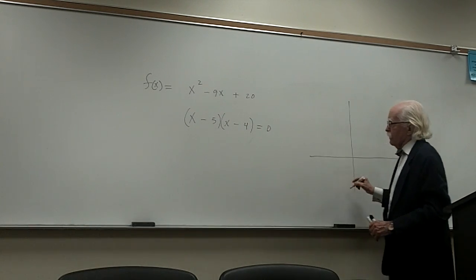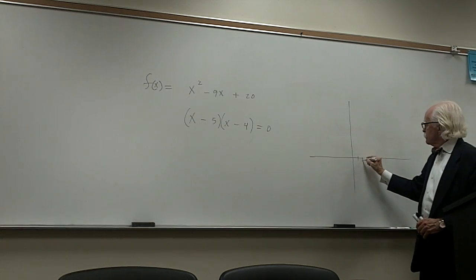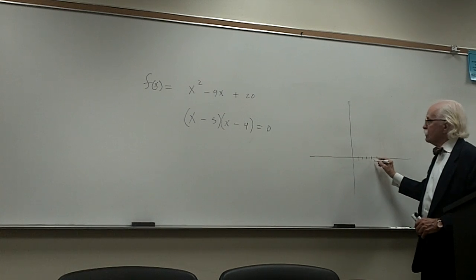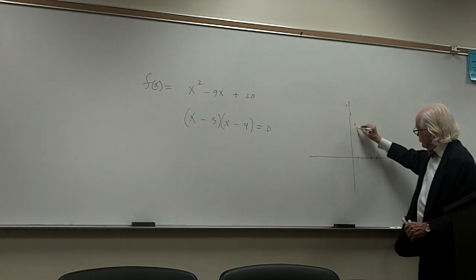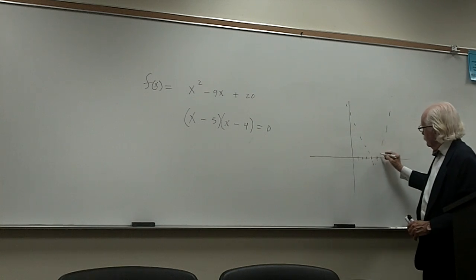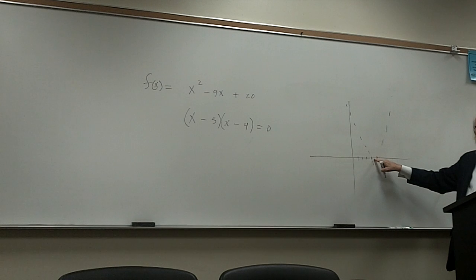So you know it's zero when it's 5 and 4. 1, 2, 3, 4, 5. And then it does something like this, right? So it has to come down here, somewhere in this neighborhood. So you know good and well, 4.5 is the first number of the vertex, okay?